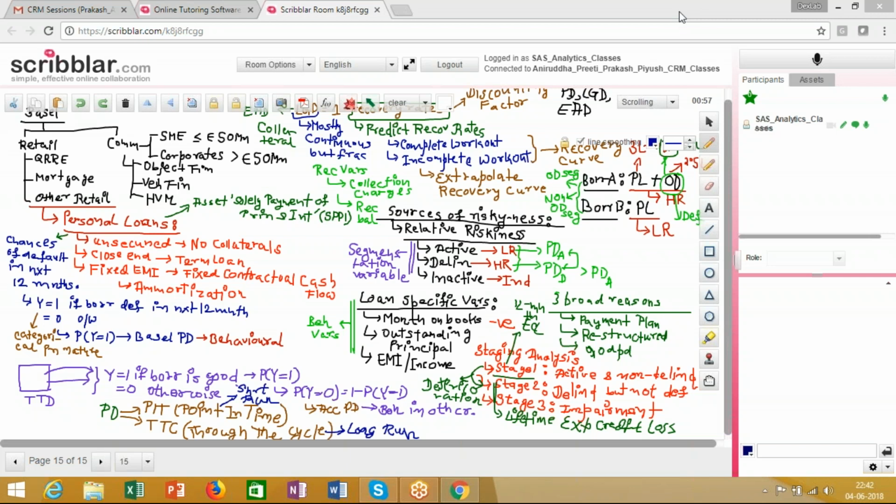But the existence of such variables which remain fixed throughout the cycle is very rare. We generally do not get to see it, and that is where all the challenge arises. Hence, developing a pure through the cycle model is very difficult. Clear?